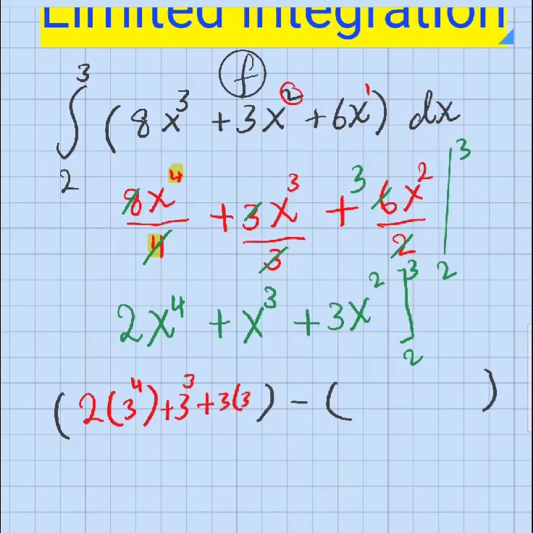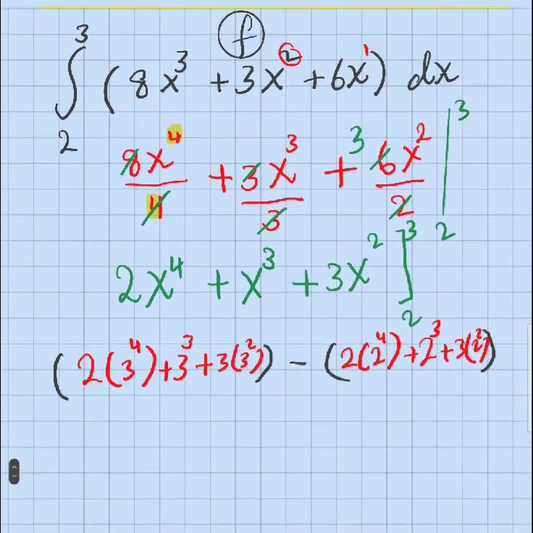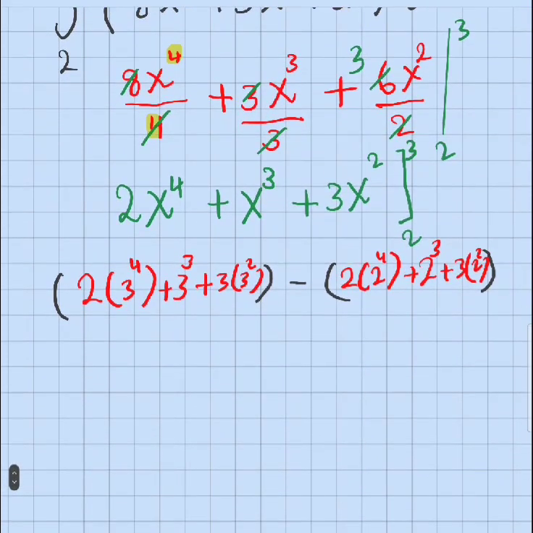Now, let's substitute x with 2 in the second set of brackets. So we have 2 times 2 to the fourth power plus 2 to the third plus 3 times 2 squared. So this is F of 3, and this here is F of 2.